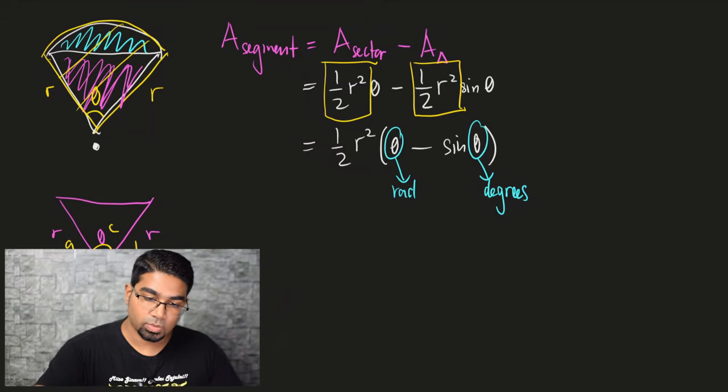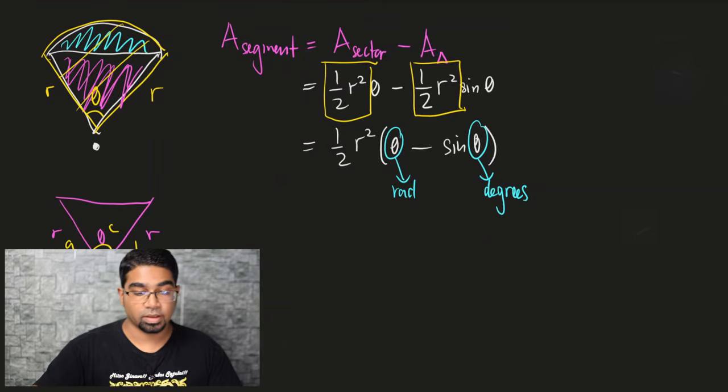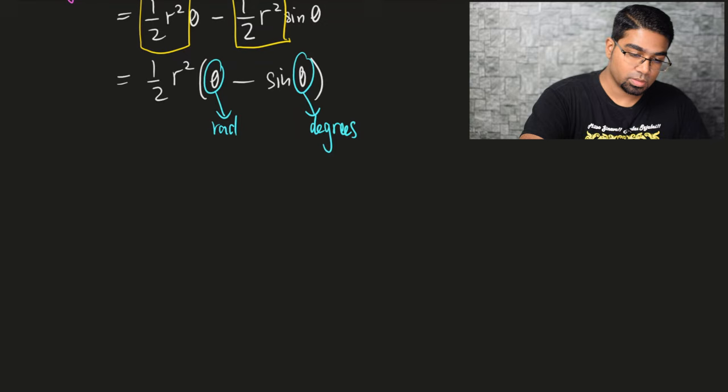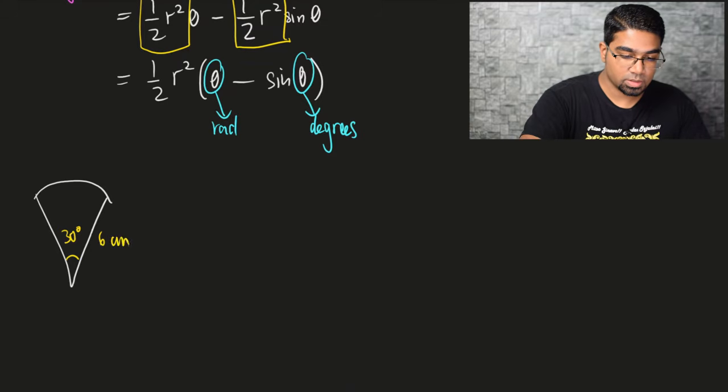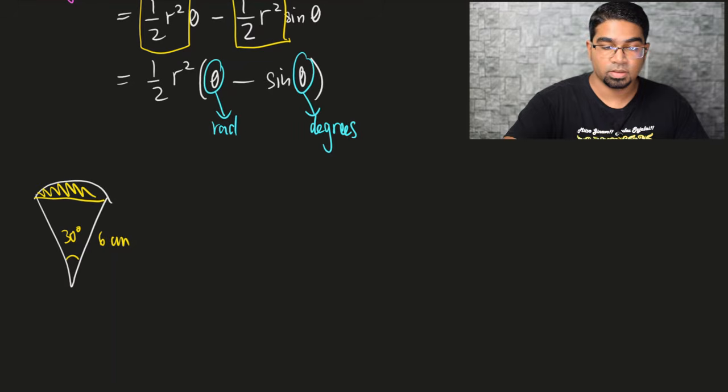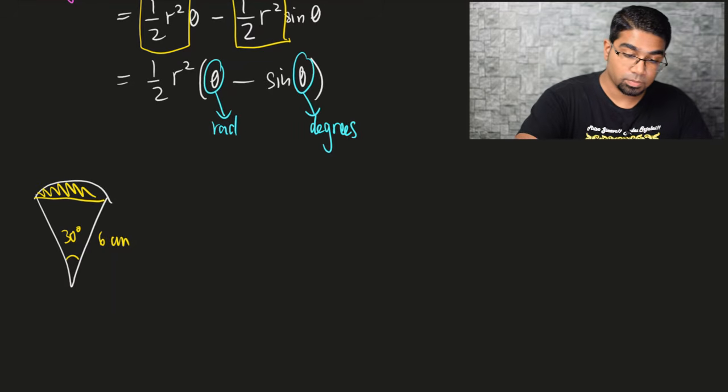So when we are doing our calculation, let's try an example. Let's say we have a sector and the angle is 30 degrees and the length is 6 centimeters. Alright, so now we want to find the area of this segment. We just have to apply the formula.